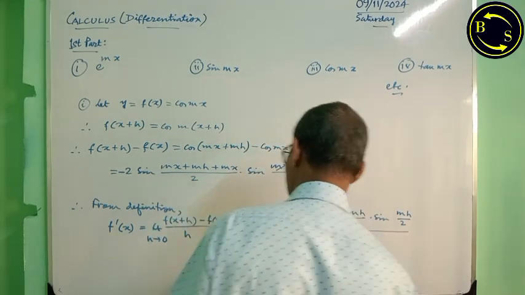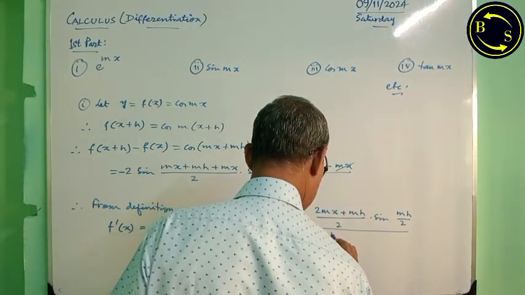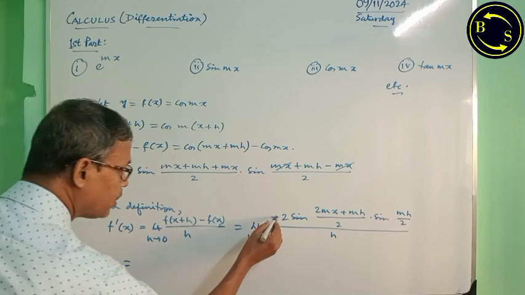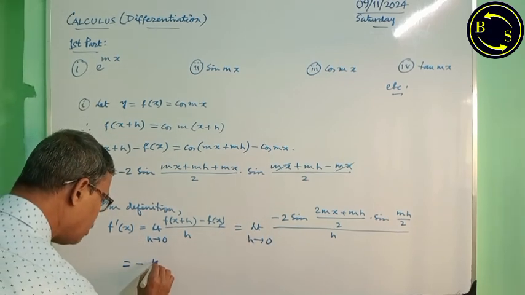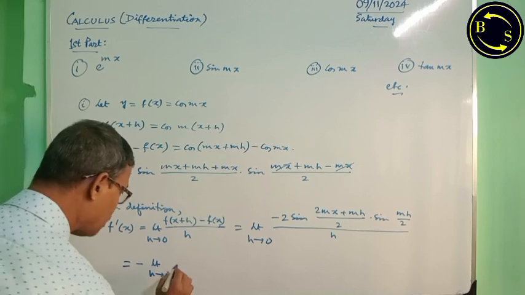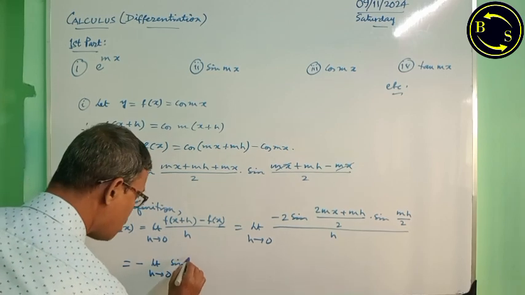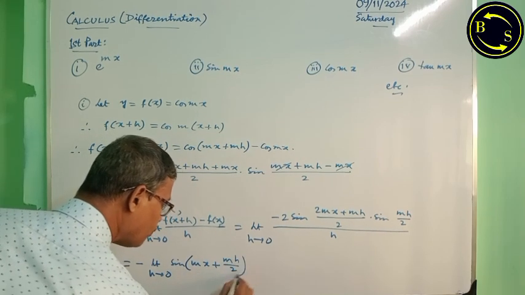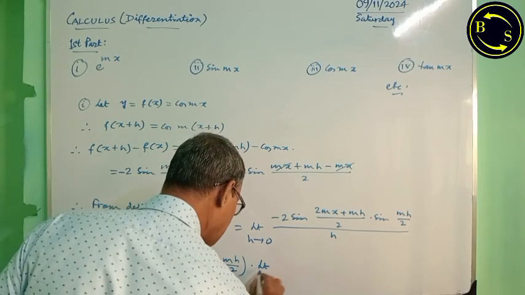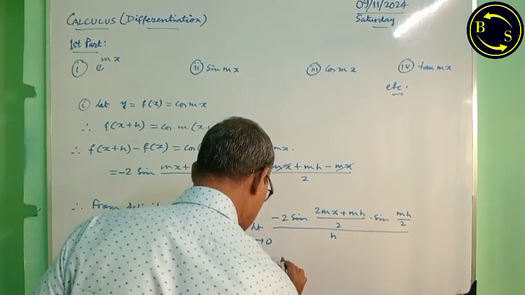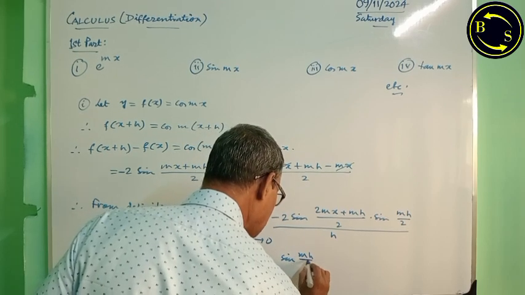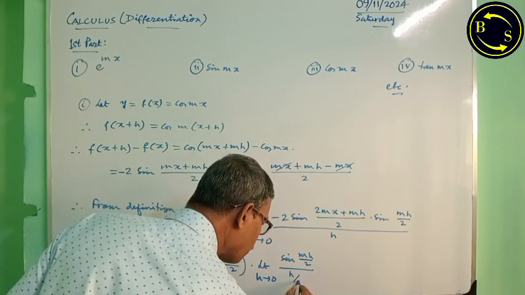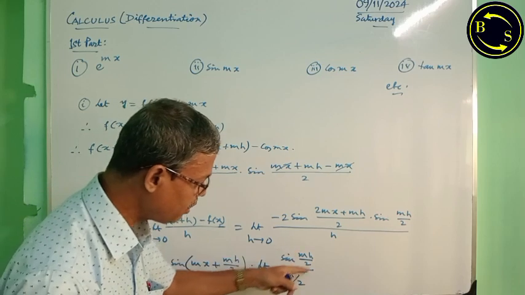All divided by h. I take this minus outside, then limit h tends to 0, sin of (mx plus mh by 2) into limit h tends to 0 of sin (mh by 2), and this h and this 2, here we find the angle is mh by 2.